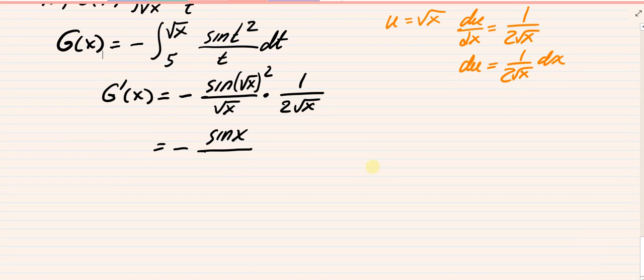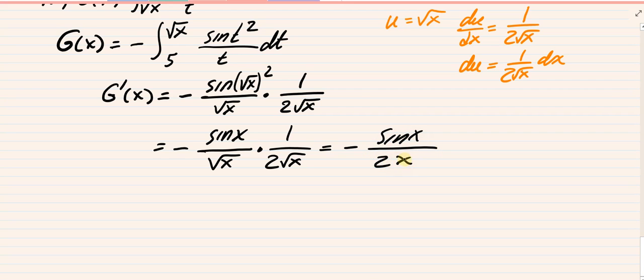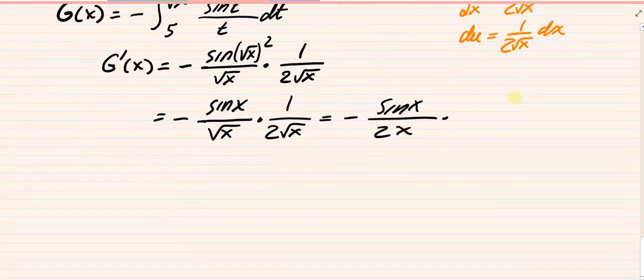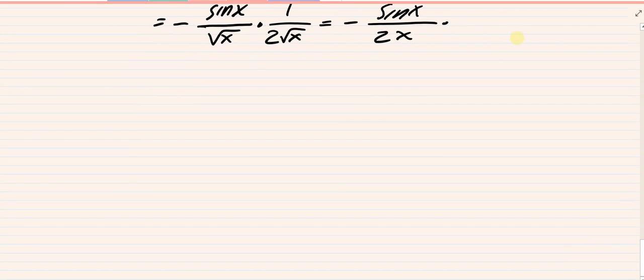So it's going to be sine x over root x, and then of course we have the 1 over 2 root x, and the final answer is negative sine x divided by 2x, and that's going to be the derivative. So that's how you work these exercises in this segment.